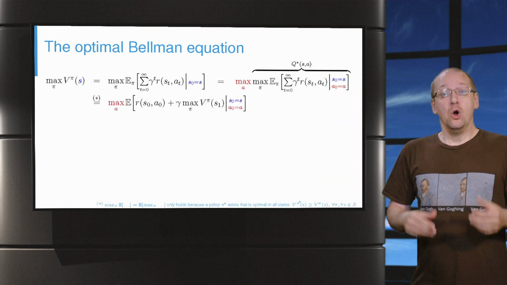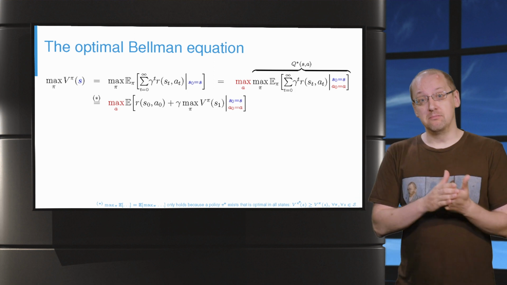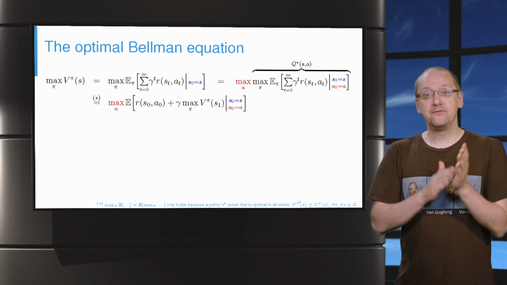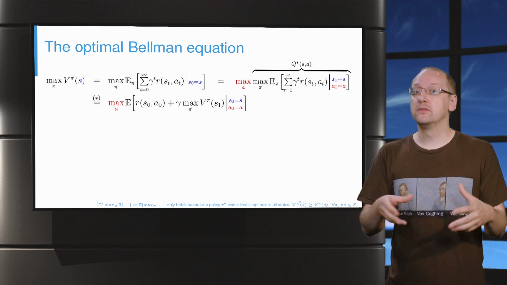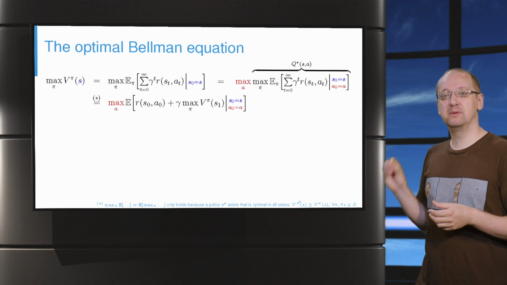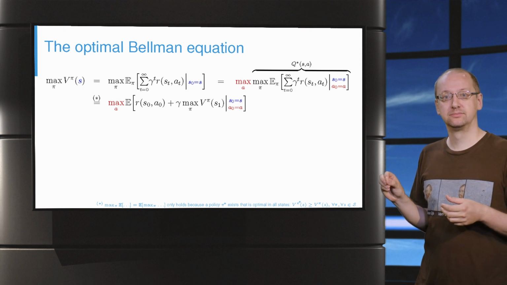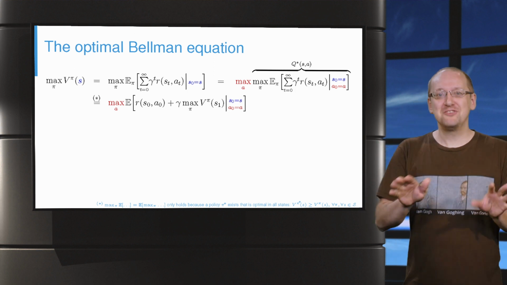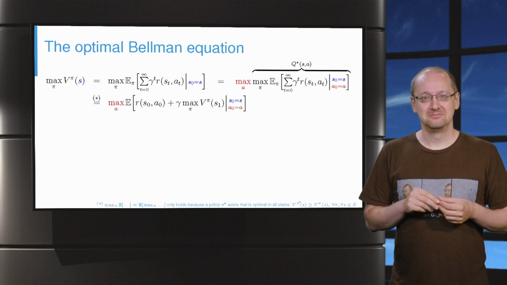Next, we can replace the infinite sum with the recursive Bellman equation. Note that the first reward no longer depends on the policy, and we can therefore move the maximization inside of the expectation. Technically, this step is a bit tricky, but just believe me that this is a legal substitution here.